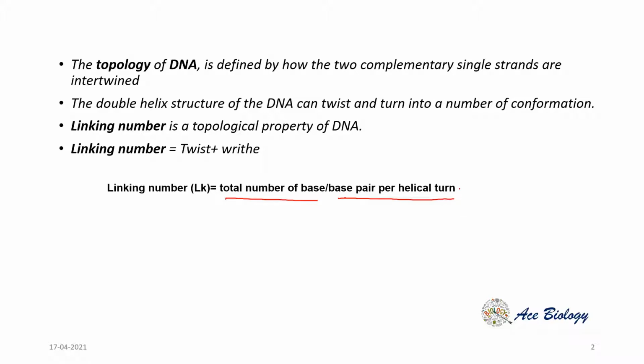Linking number can also be calculated by dividing the total number of base pairs by the base pairs per helical turn. Now, consider a covalently closed circular DNA which is present in a relaxed state. In that case, we'll have 1050 base pairs, which can be divided by 10.5, because the base pairs per helical turn in this case is 10.5.